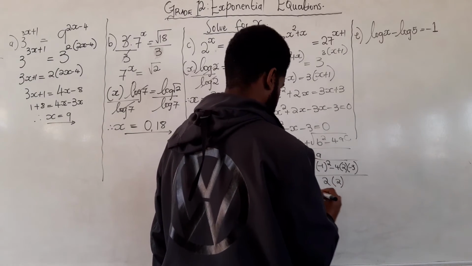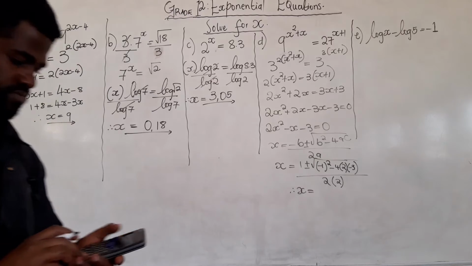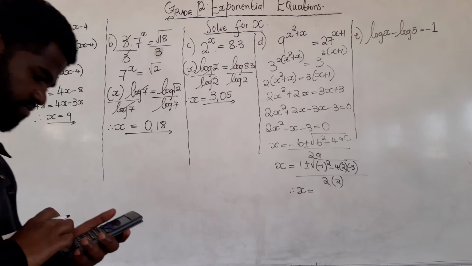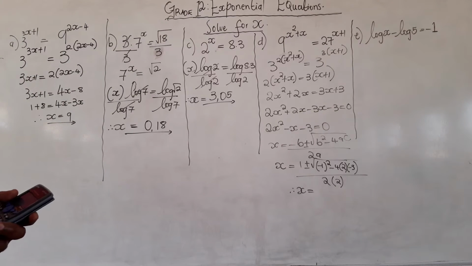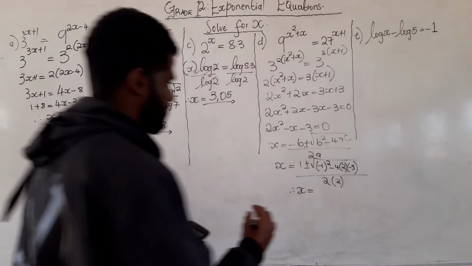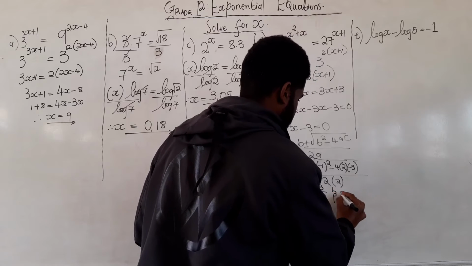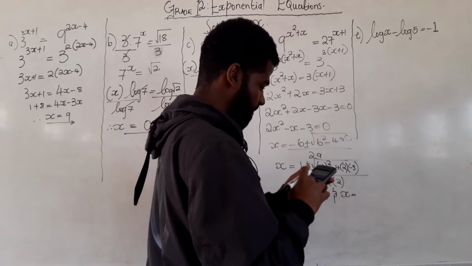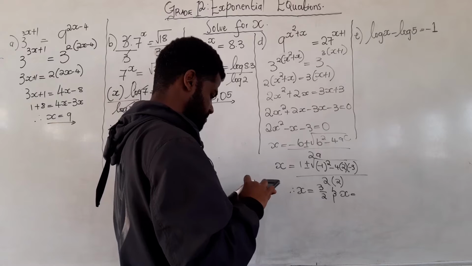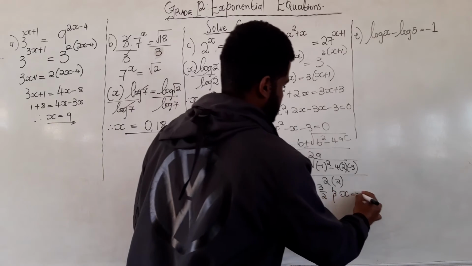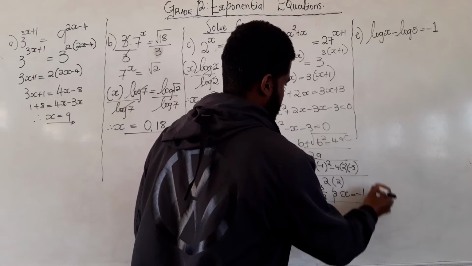Therefore, the value of x is equal to 3 over 2, and x is equal to negative 1. And then you are done.